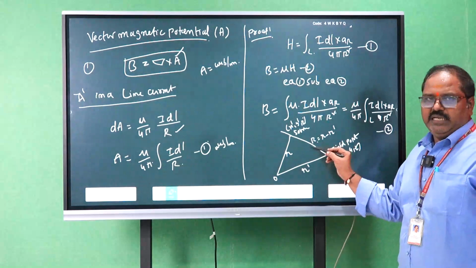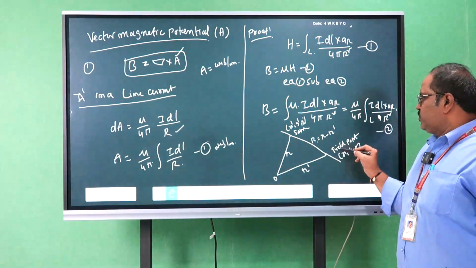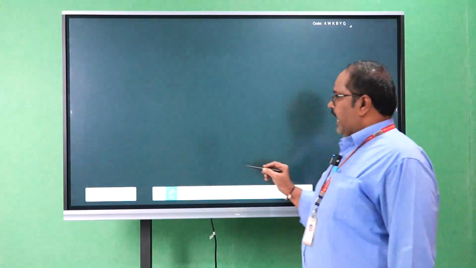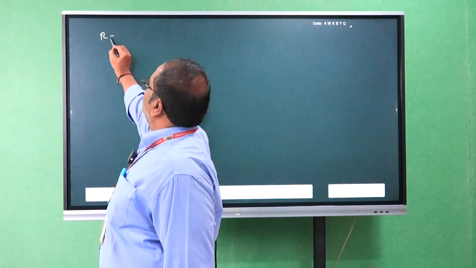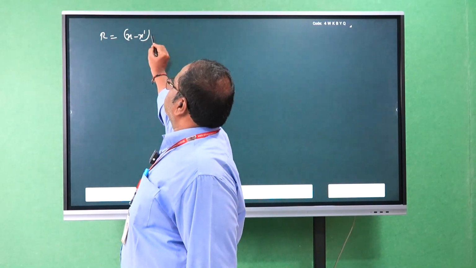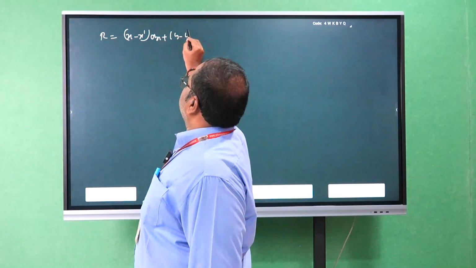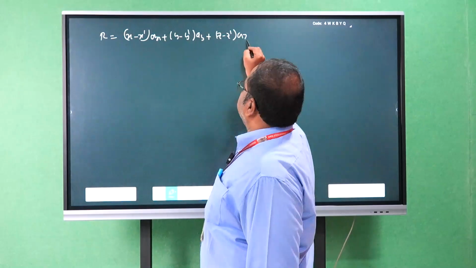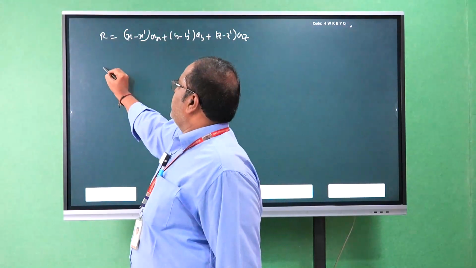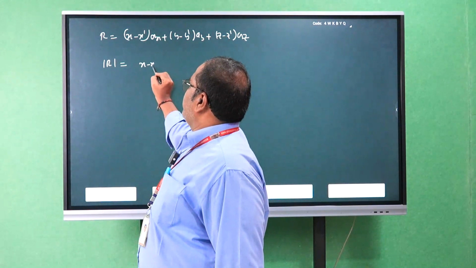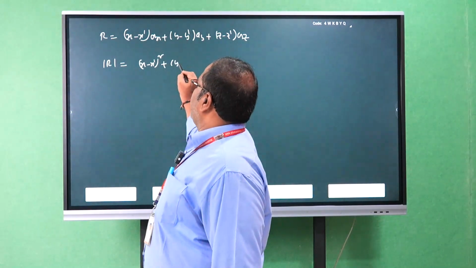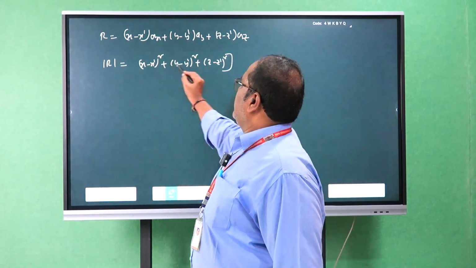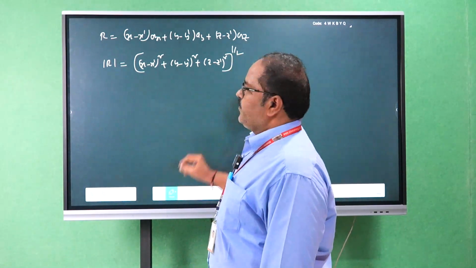You have to find R, the distance from the source point to the field point. R is equal to (x minus x dash) AX plus (y minus y dash) AY plus (z minus z dash) AZ. The magnitude of R is equal to ((x minus x dash) whole square plus (y minus y dash) whole square plus (z minus z dash) whole square) whole power 1 by 2.